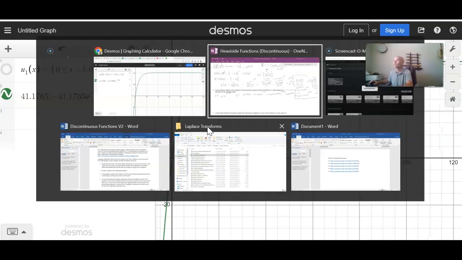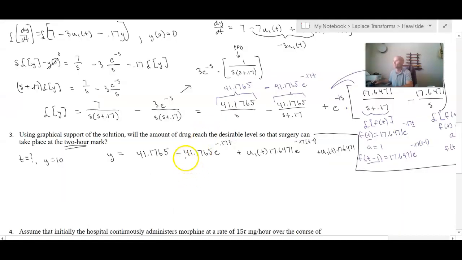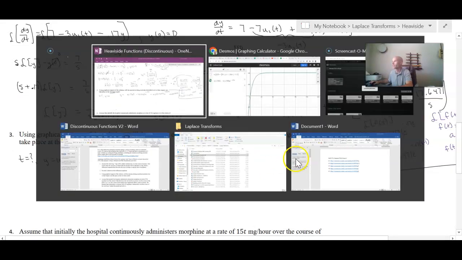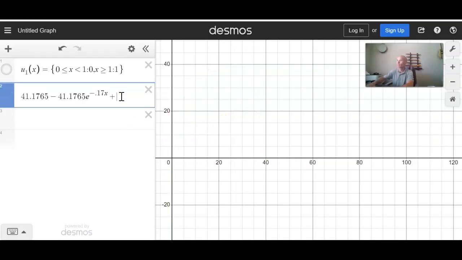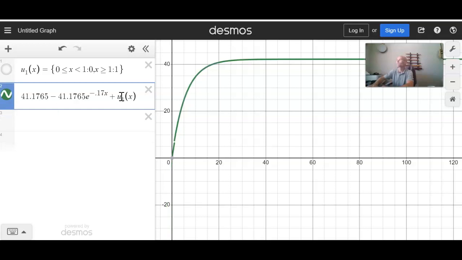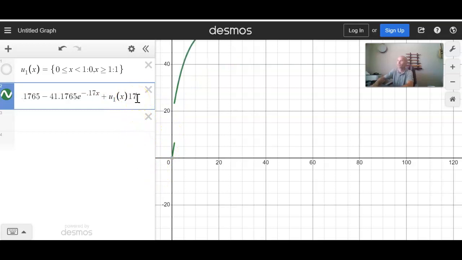And now we need the Heaviside. Now we'll have u1 of t times this function here, 17.6471. So let's say plus u1 of x. Now notice you get this weird break here. That's because at time 1, we're adding 1 to it, so it actually just creates a break in the graph. But don't worry about that yet.